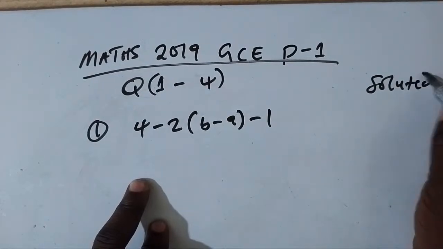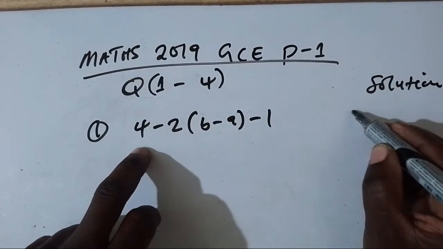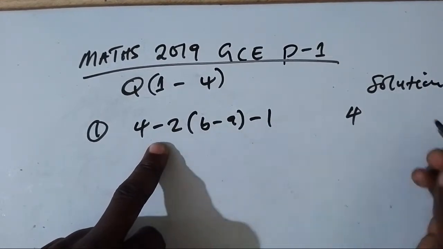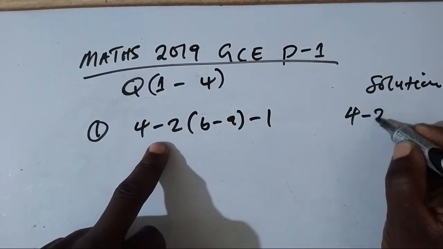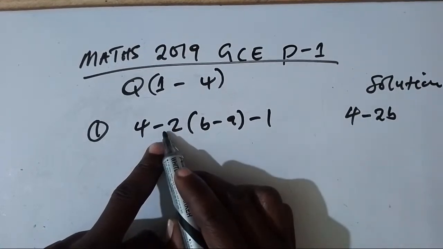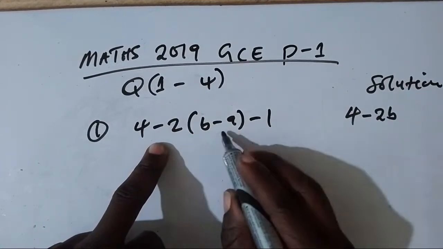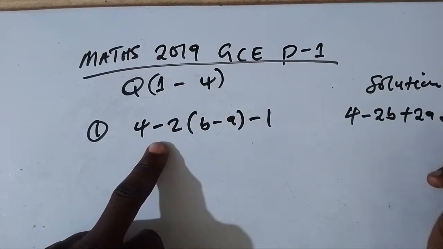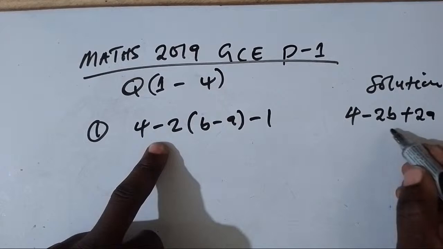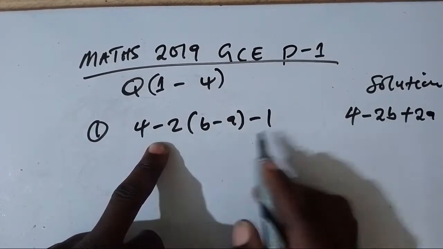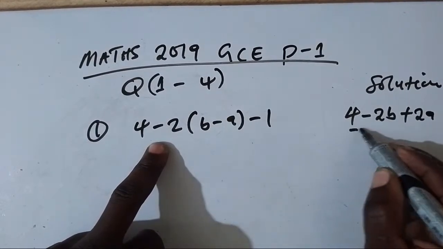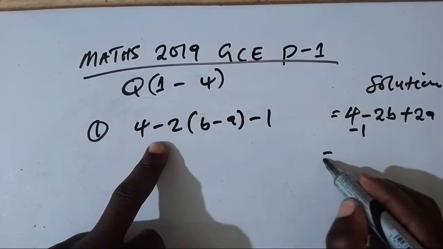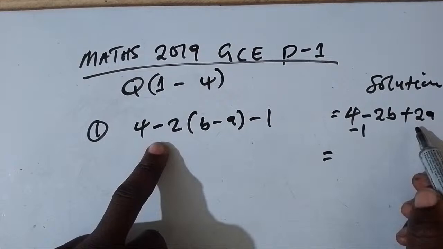For solution, so it will be 4, then minus 2 times b, we're going to have minus 2b, minus 2 times minus a, we are going to have positive 2a, then here it will be minus 1, in which we are going to collect the like terms.